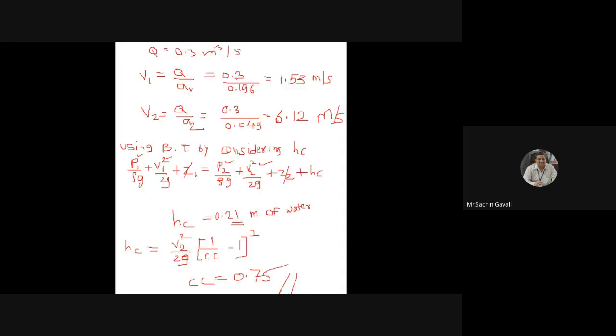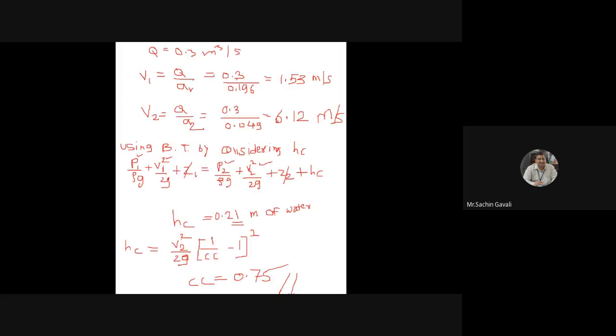Everybody got 0.749, I am considering it as 0.75 near about. Shivani Nane, you check your answer. 0.748, Pramod Avlegar. Good, 0.7483.